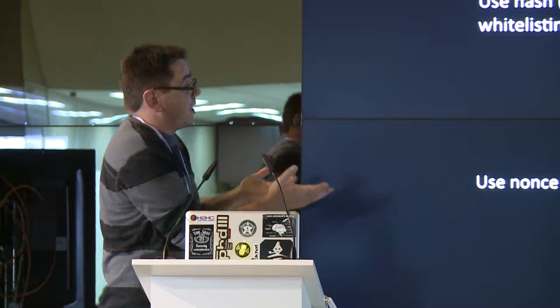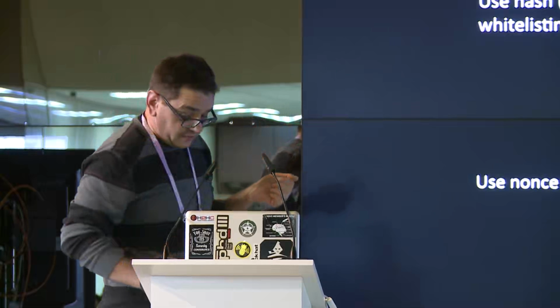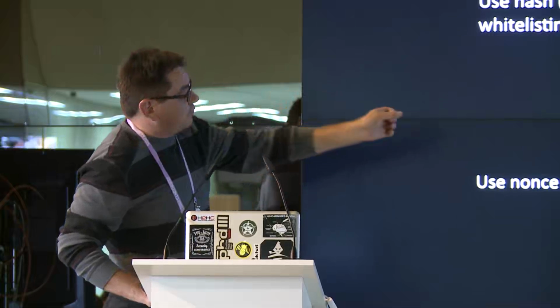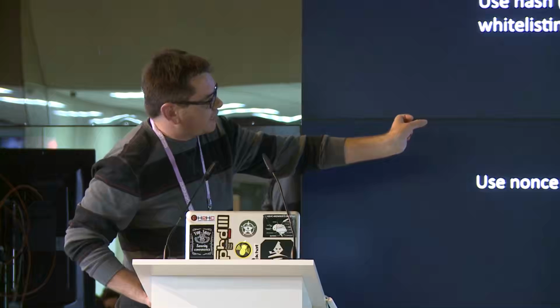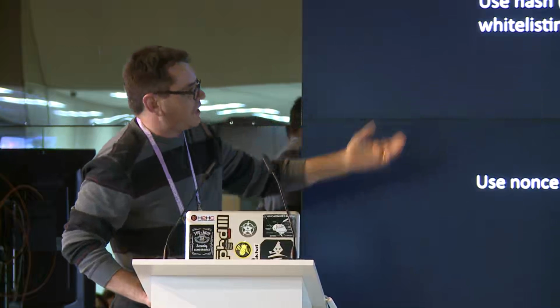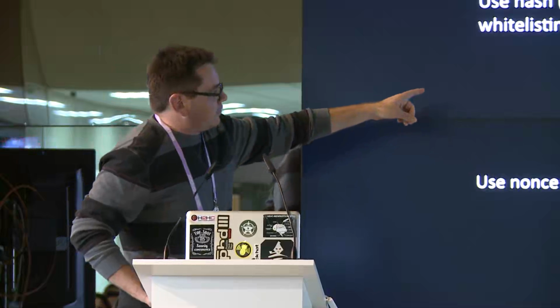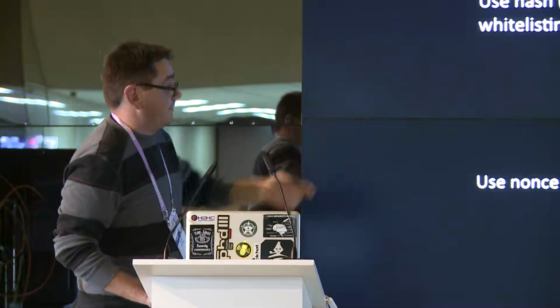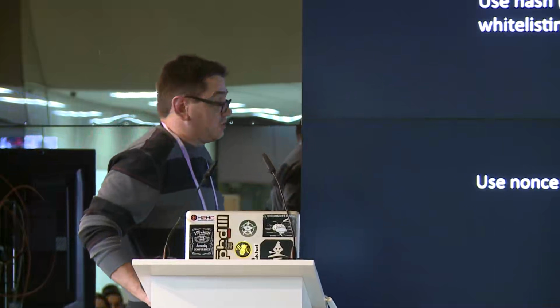Nonce is a number used once. So you generate a random number, and you put a nonce attribute in your script tag in your HTML page, equal to that random value, and you have the same nonce in your header. And if they match, the browser would let it work. And if it doesn't match, the browser just blocks it.